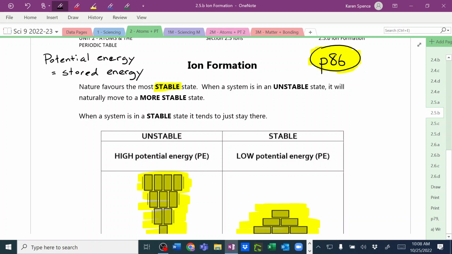And when it goes to the lower potential energy state, I want you to listen. Did you hear how energy was released? Sound energy was released. That potential energy that was lost, we went from high potential to low potential energy, so we have less potential energy than before. That energy doesn't just go away, it comes out as sound energy.